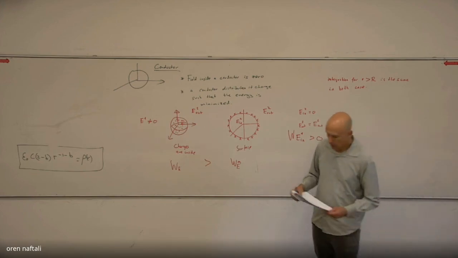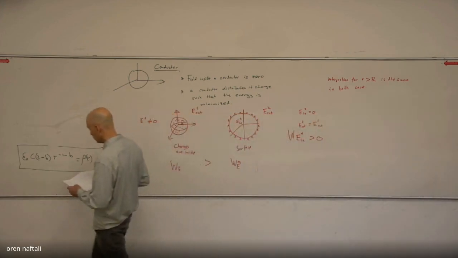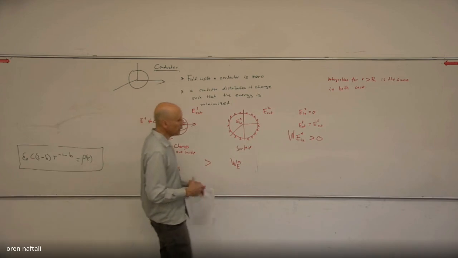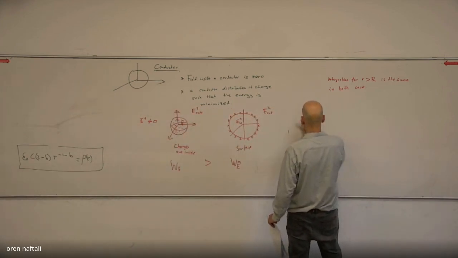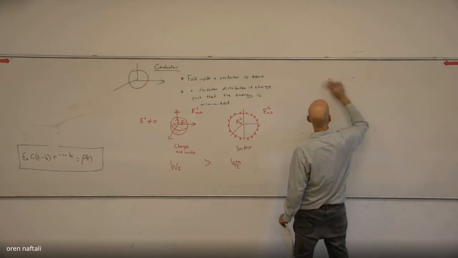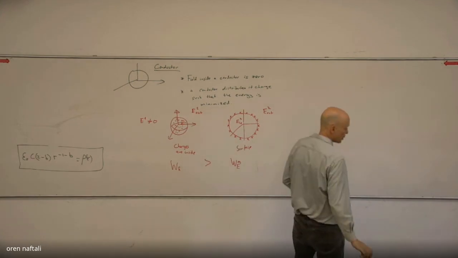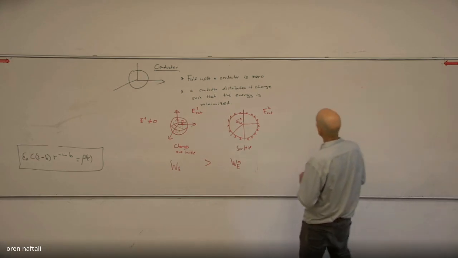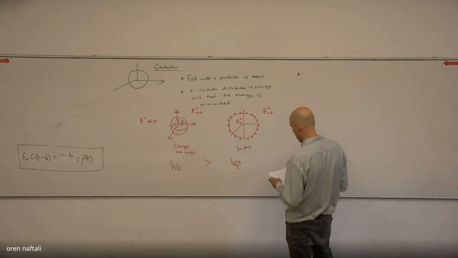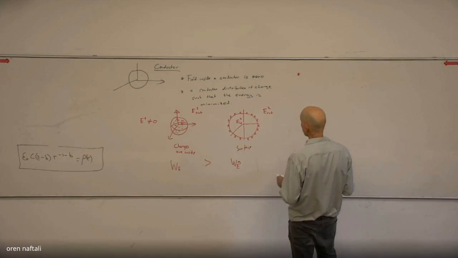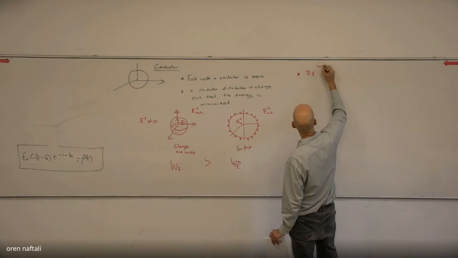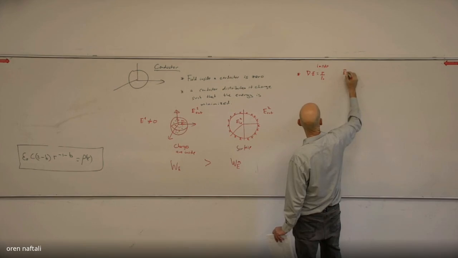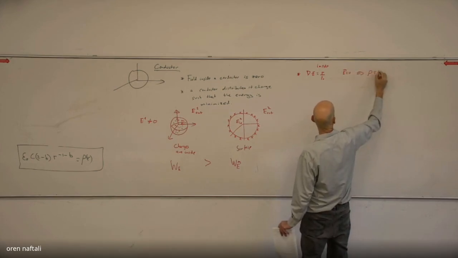Okay, so we can now use these two ways of thinking, and now we can briefly summarize. Only summarize. This is all given in Griffiths. Some general statements about conductors that follow from these two rules, which are equivalent. First of all, divergence of E inside is equal to rho over epsilon 0, but E is equal to 0, so rho is equal to 0.